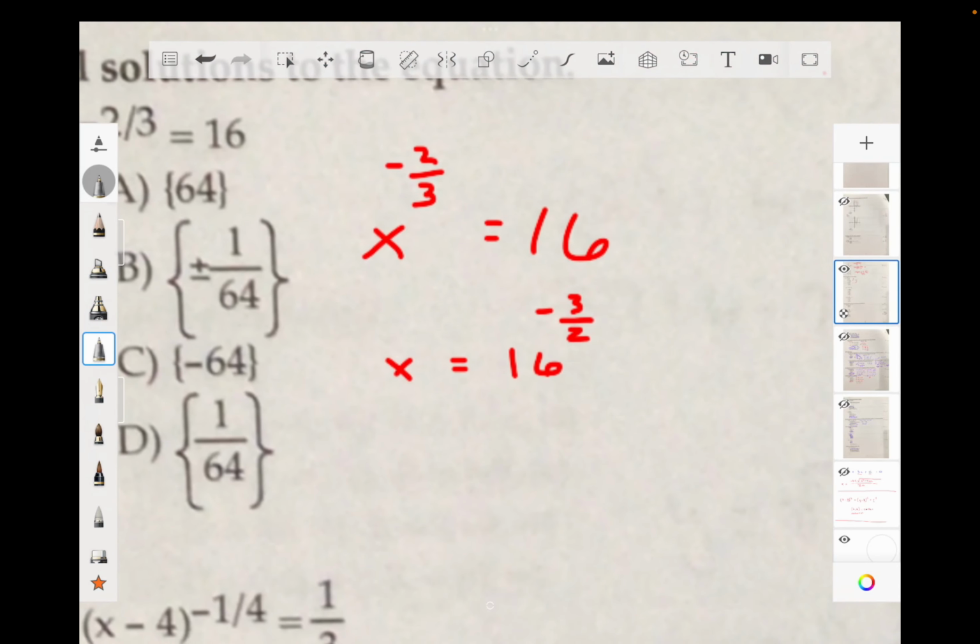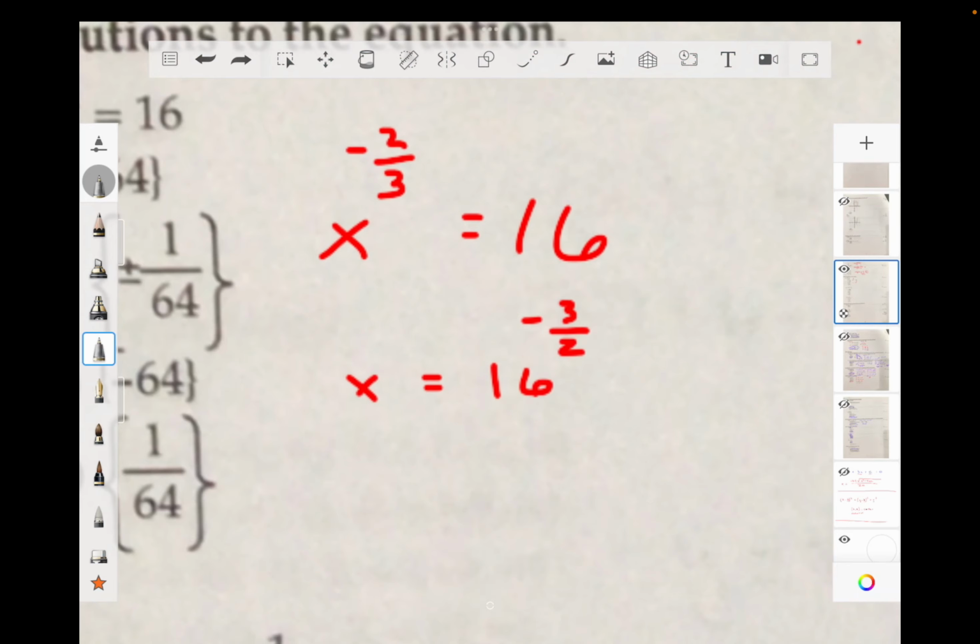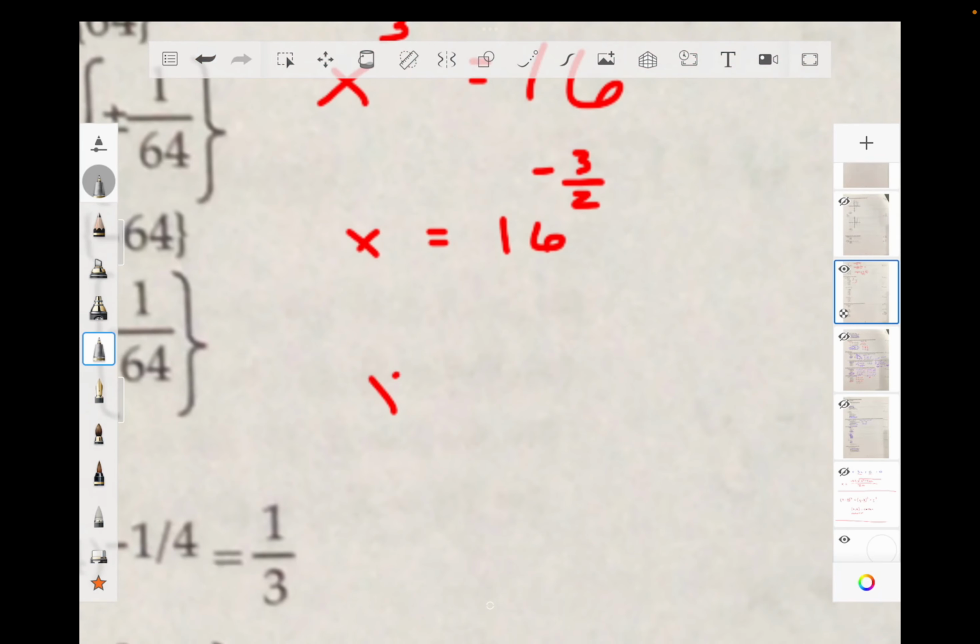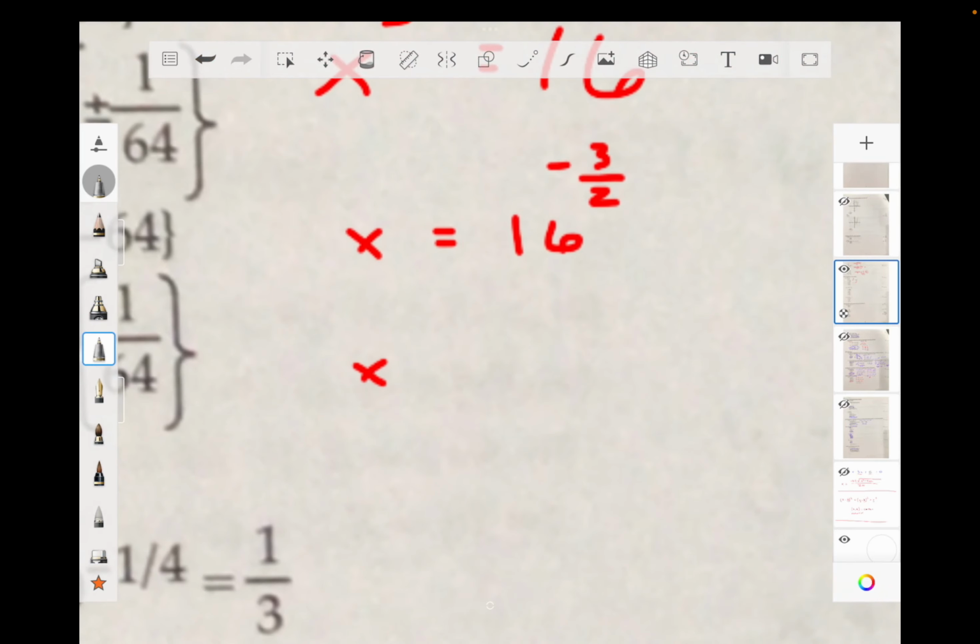When you have a negative exponent, it doesn't make this number negative, but you take the reciprocal of the number with the exponent, right? So if I had x to the negative 3, that's actually saying 1 over x cubed. So this becomes x equals 1 over 16 to the 3/2.